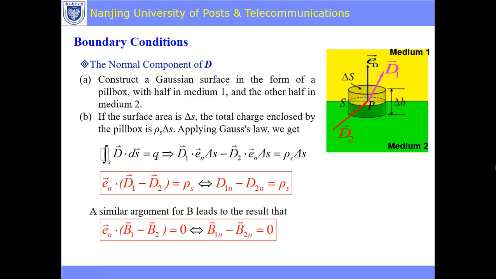This is for electric. What about magnetic? Why is it not equal to rho s like this? Straight away it's 0. Unlike electric, in magnetics they are always equal to 0.